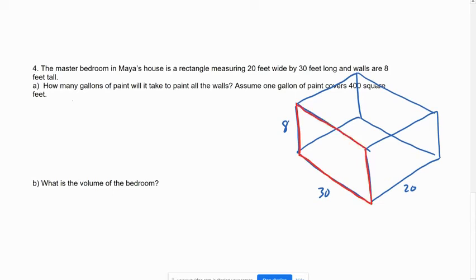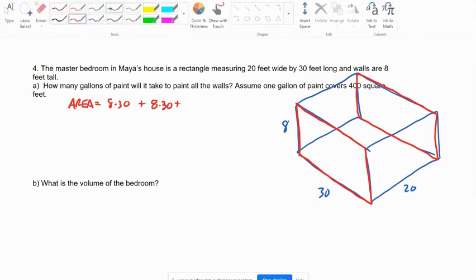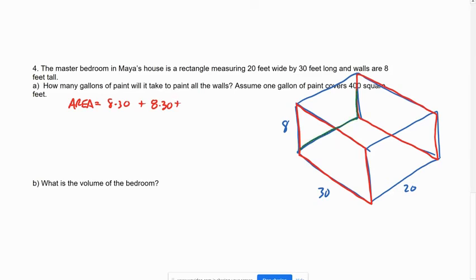The area of that wall is 8 times 30. And then this wall is also 8 times 30. And then this wall back here measures 8 by 20. And this wall up here measures 8 by 20.